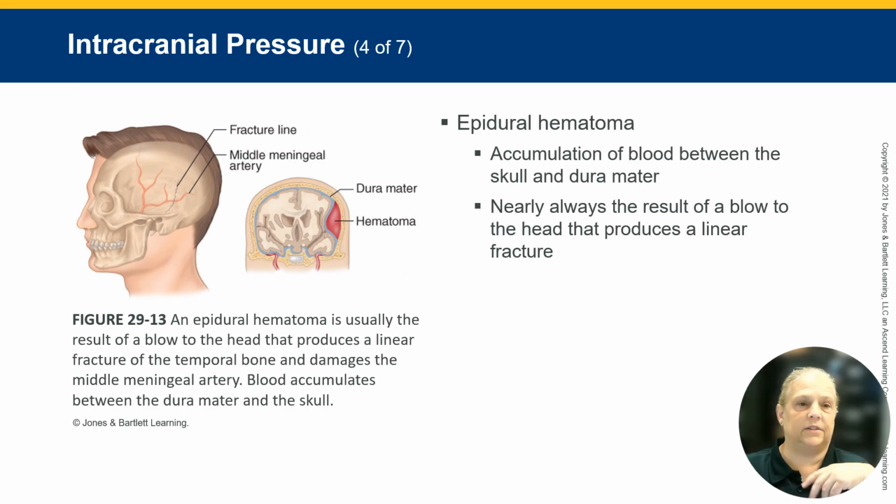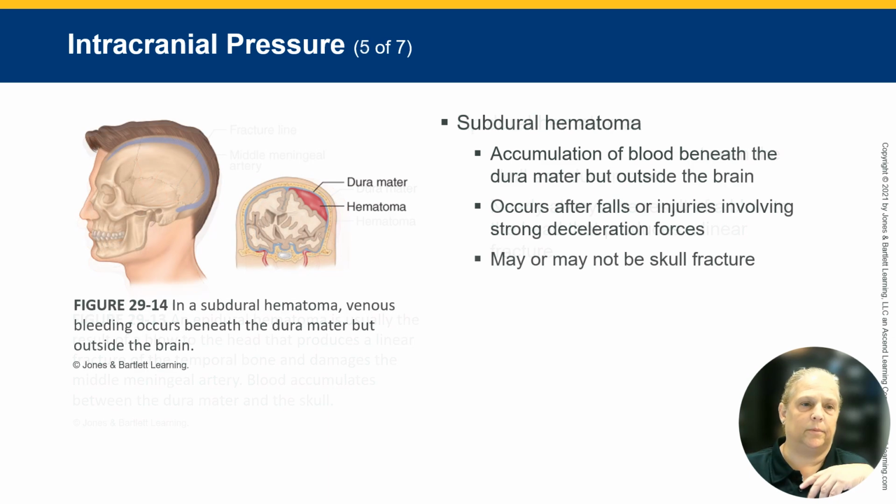Okay, so this is your epidural. You can see that the bleeding right here is between the skull and the dura, but it's above the dura. And then we have our subdural, which is below the dura but above the outer surface of the brain.